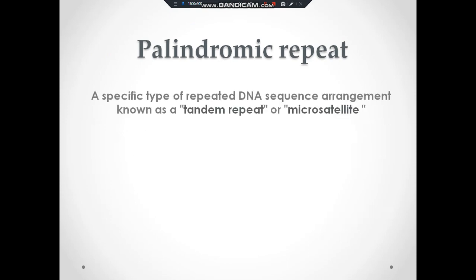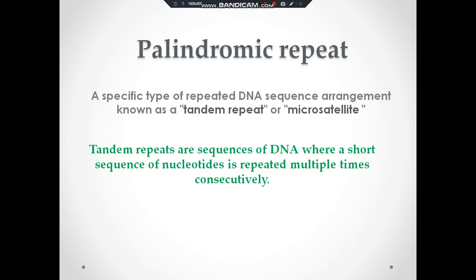There is the term palindromic repeat used in molecular biology. Basically, it is a specific repeated DNA sequence arrangement, which we can call a tandem repeat or microsatellite. These are common sequences which are repeated again and again in the genome.